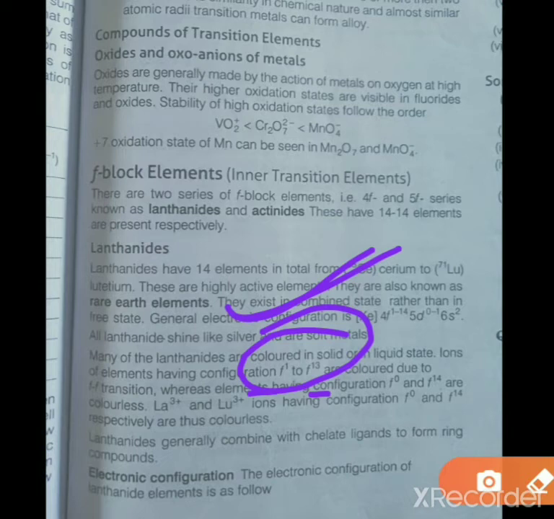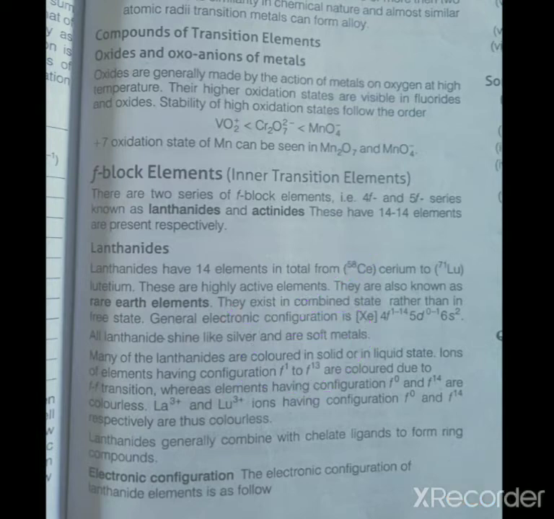But students, in the case of elements having configuration f0 or f14, like La3+ and Lu3+, there is no coloration as they are fully filled or empty. Okay, so students, in this manner you can explain the coloring property.